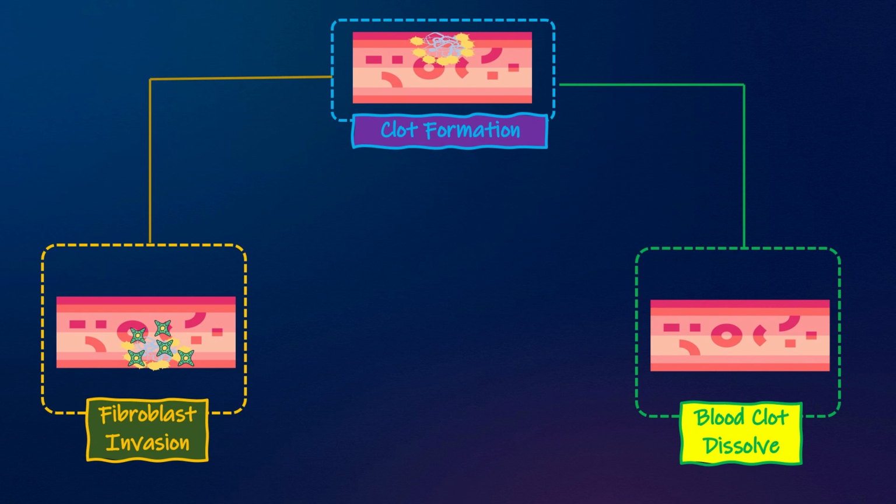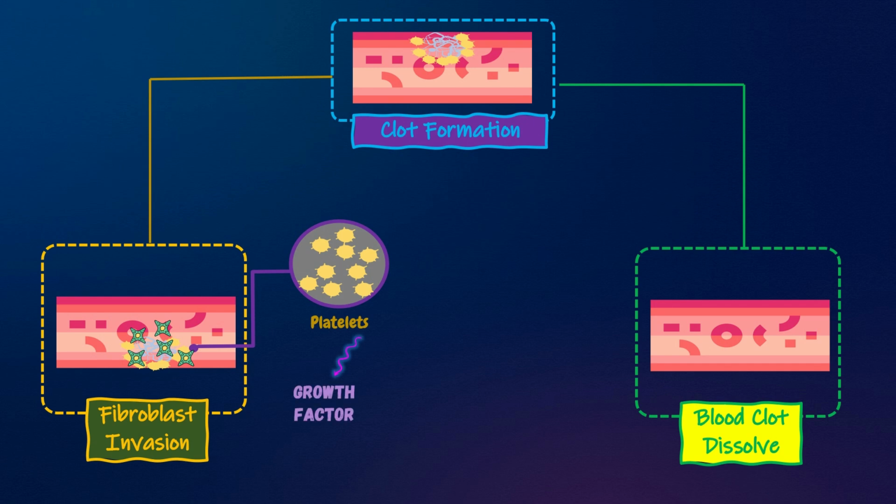The usual course for a clot that forms in a small hole of a vessel wall is invasion by fibroblasts beginning within a few hours after the clot is formed, which is promoted at least partially by growth factor secreted by platelets. This process continues to complete organization of the clot into fibrous tissue within about 1 to 2 weeks.